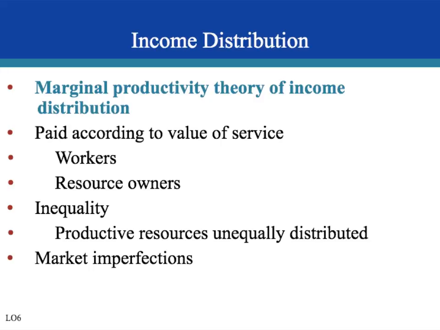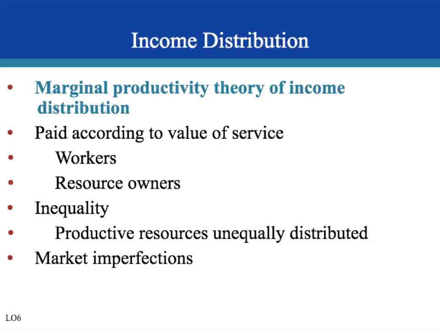First is inequality. They say that marginal productivity is unequal because some people have just had a better lot in life, grow up in stable families, did not grow up in poverty, have had their college paid for, and so therefore that makes them more productive, whereas other people grow up in broken homes, grew up in poverty, and getting to college and getting an education has been much harder for them.